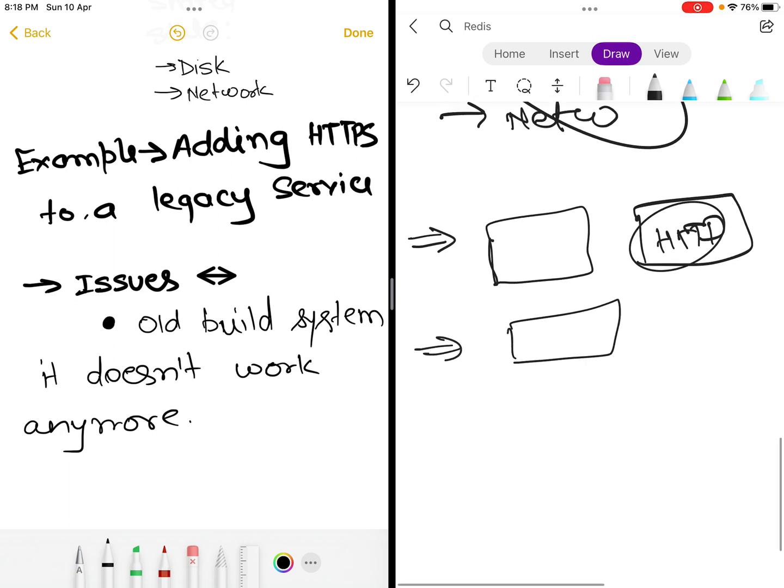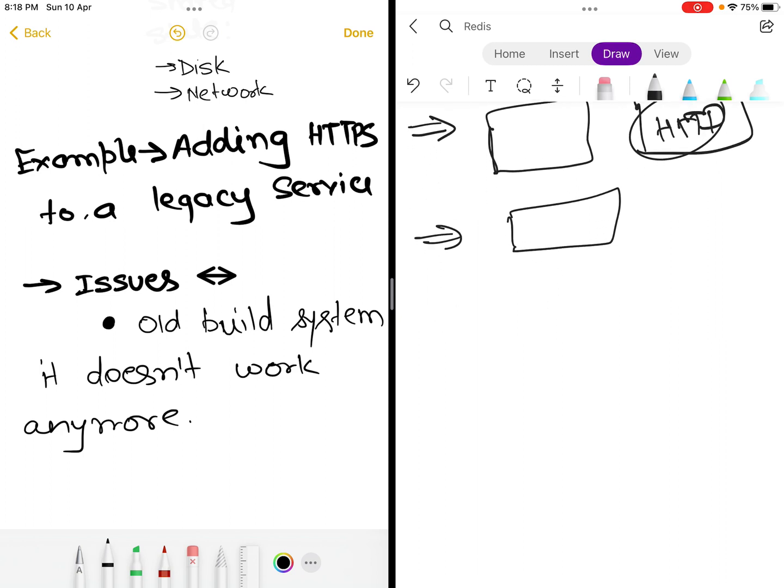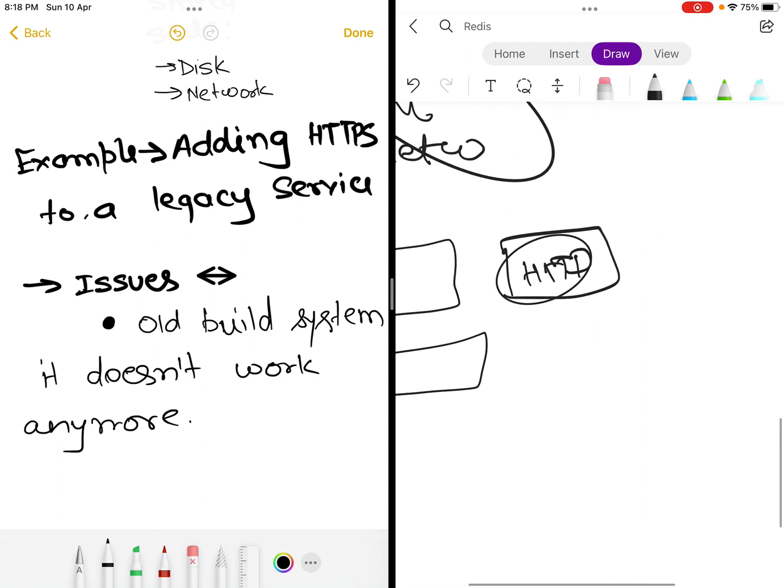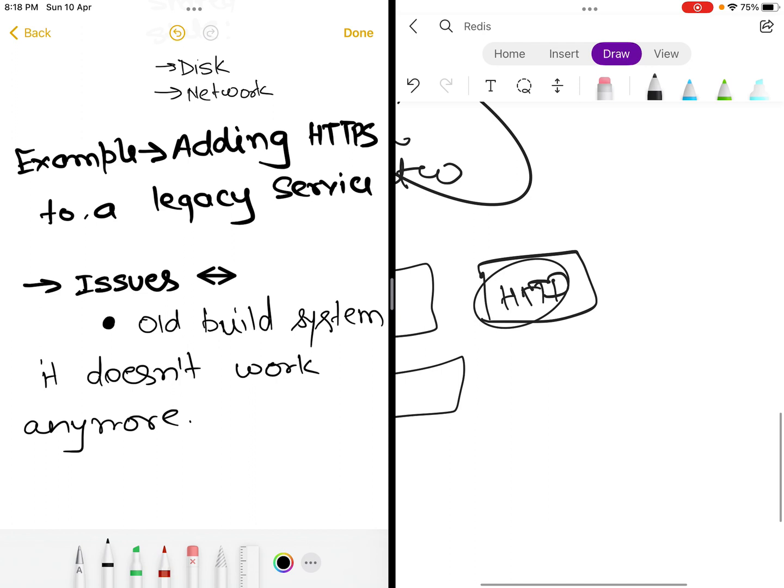If you have an old application running that does not support HTTPS yet, what will you do?